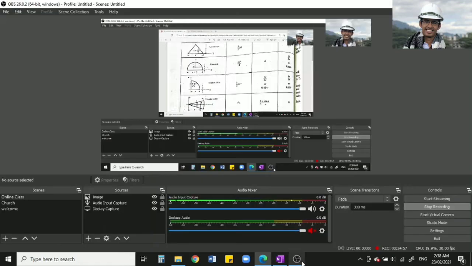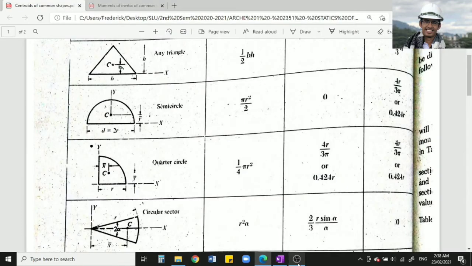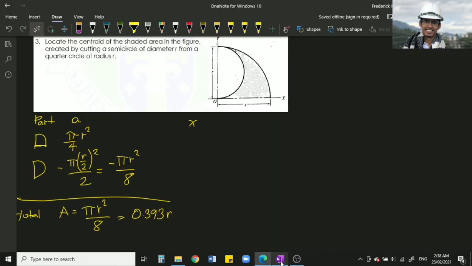Okay, so that will be 4r over 3 pi. So x natin will be 4r over 3 pi. Okay. And for y will be same lang din, 4r over 3 pi.